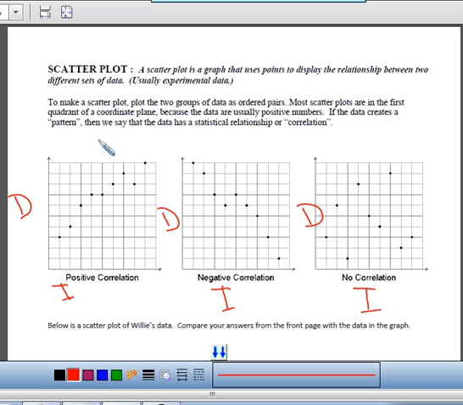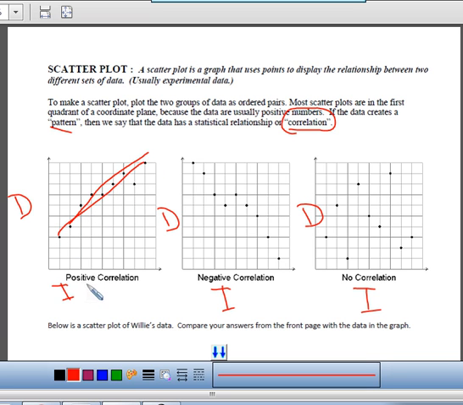If the data creates a pattern, then we say that the data has a statistical relationship or correlation. So that's a statistical relationship. So when I look at the first example, it looks like the data is flowing this way. So as one goes up, the other goes up.